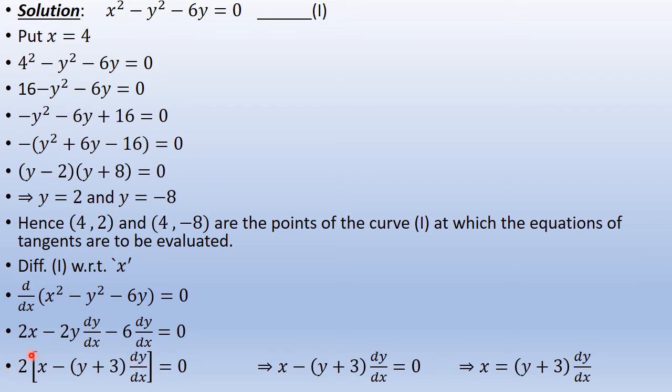Now divide both sides by 2 and you will have x minus (y plus 3) into dy by dx equals 0. Bring this towards the right hand side and the value of dy by dx will be equal to x divided by y plus 3. Here it is, dy by dx is equal to x divided by y plus 3.